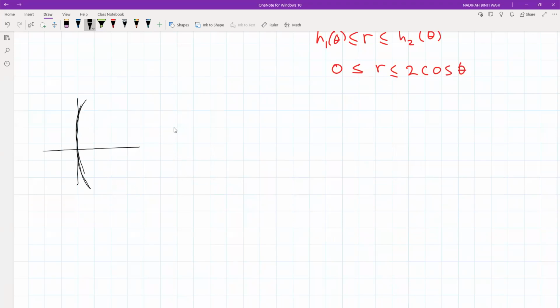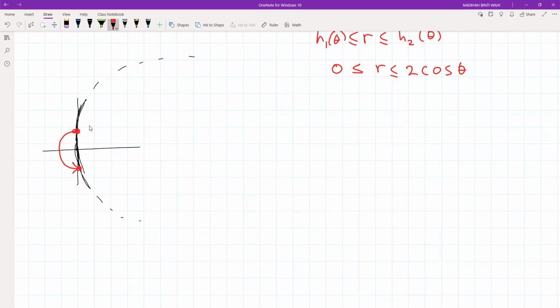Macam tu. Nampak ke apa yang saya cuba ni? So dia macam line di sini. So maksudnya dia daripada bulatan ni sebelah sini kan. So from this point, theta daripada this point until this point.